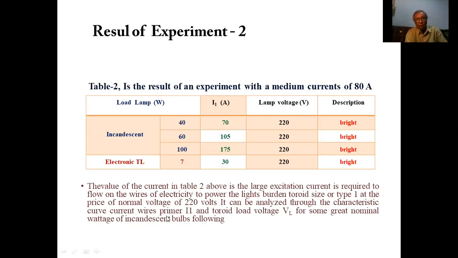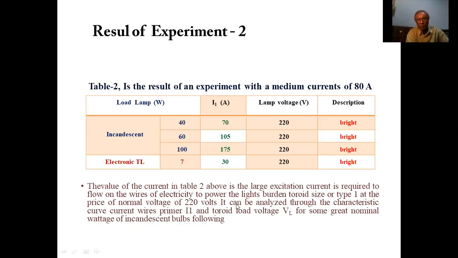The value of the current in table 2 above is the excitation current that flows on the wire of electricity to power the light, at the rated power of the lamp or the load at the normal voltage of 220 volt.